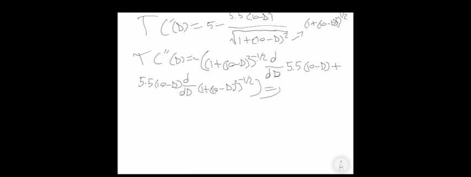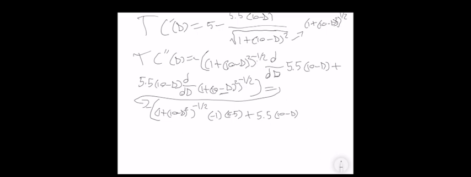So now it equals negative, then we have (1 plus (10 minus d) to the second), because that doesn't change, to the negative 1 over 2, times, and this time we'll start with the inner part, so negative 1, because d to the 0 is 1 and it's negative, and now the outer part is just 5 and 5/10, plus 5 and 5/10 times (10 minus d), because that part doesn't change, and then times from the inner part, -1.